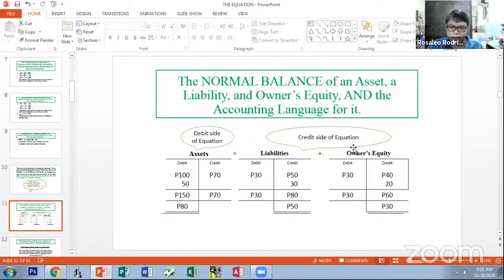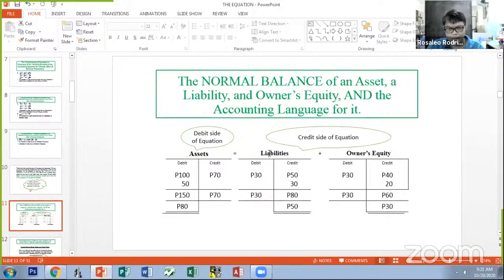Now again, you will ask, how come the left side is debit and not the credit, and on the other side it is the credit and not the debit? There must be such kind of stability here. So I think the answer for that is stability. If the foundation is not stable, everything will crumble. So for purposes of stability, it is provided that the left side is the debit side and the right side is the credit side.